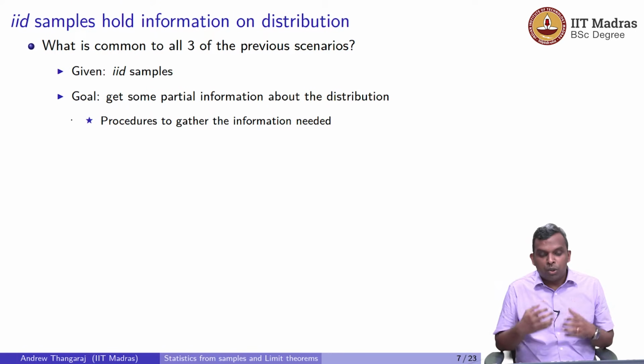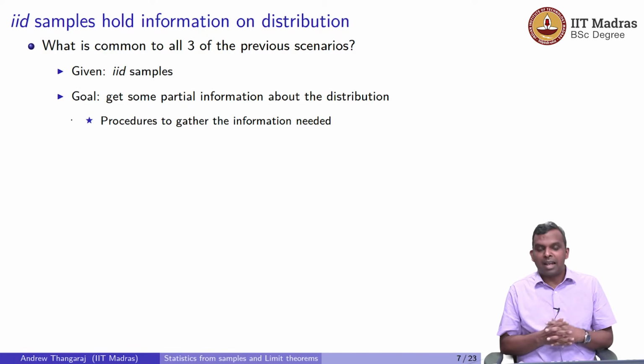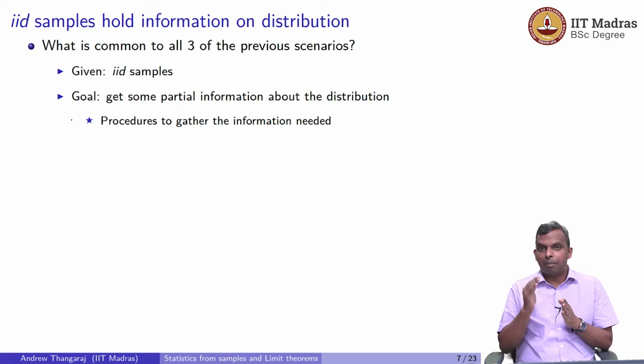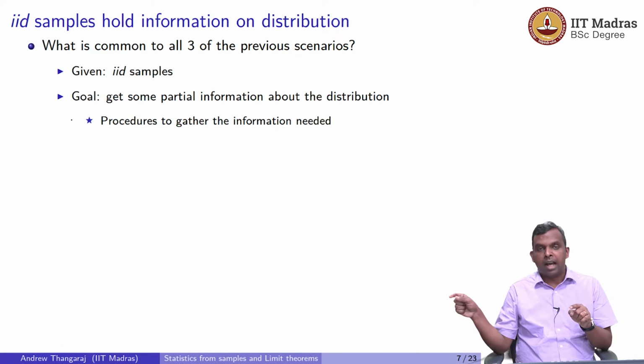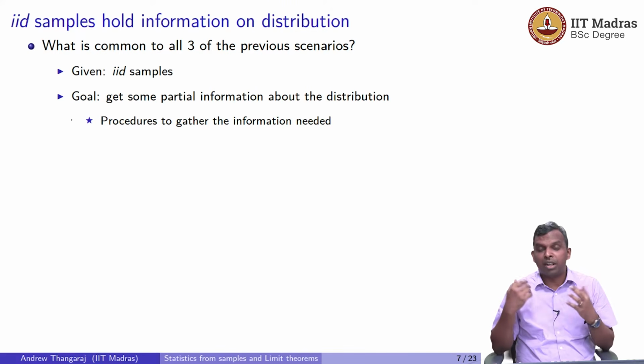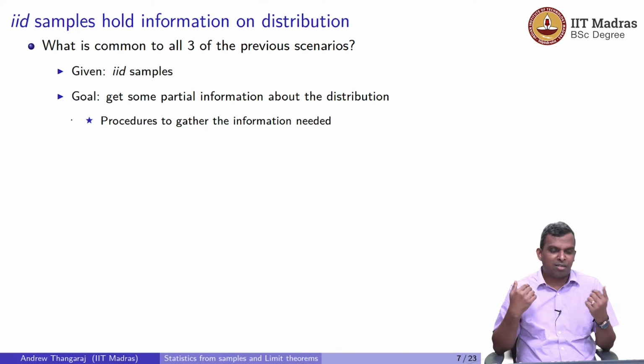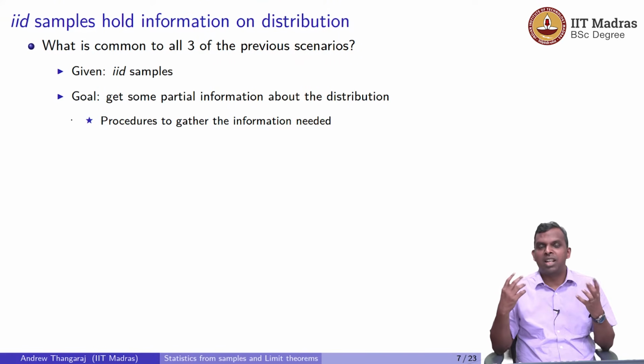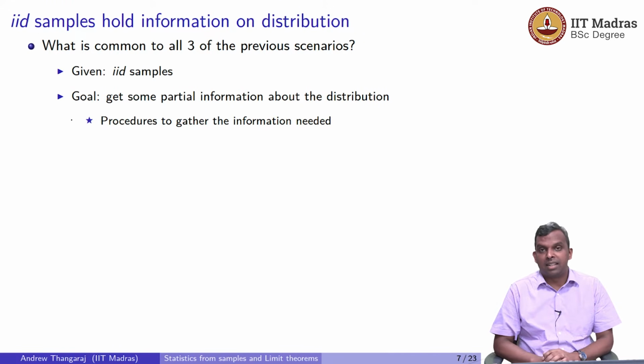Okay. So usually, as we saw in the previous three scenarios, you're given one particular sampling from an i.i.d. sample model, and you want to get some partial information about the distribution, maybe the probability of an event, maybe the PMF, maybe the mean, variance, whatever you want about the distribution that underlies the samples.